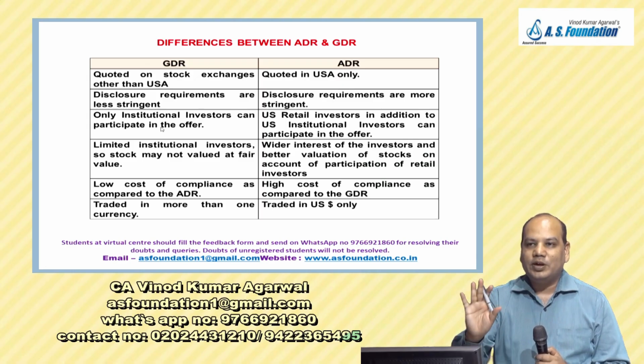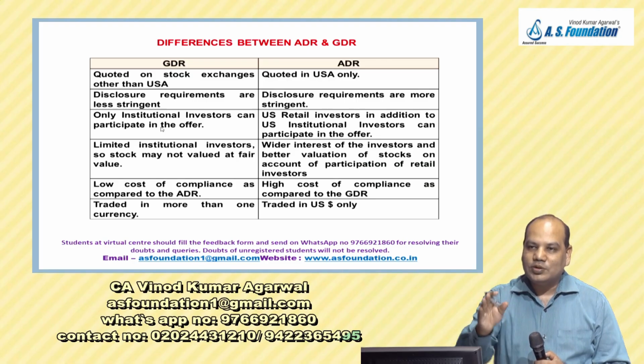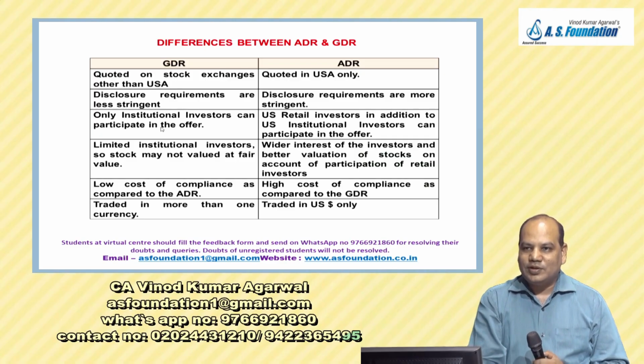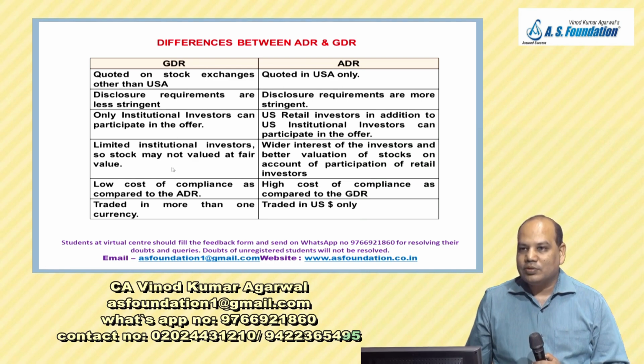ADR, everybody is welcome. Even the retail investor can participate. It means if an American investor, Donald Trump can also purchase the share. Okay. US institutional investors can also participate. Now, where do you have more trading, in GDR or ADR?